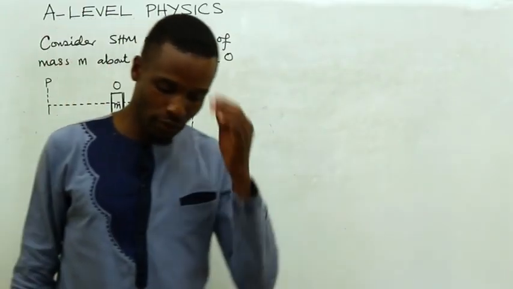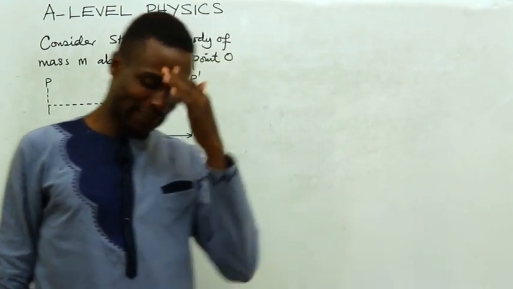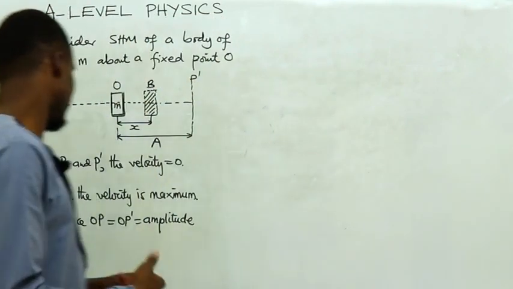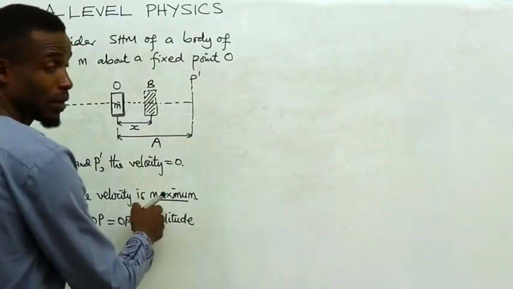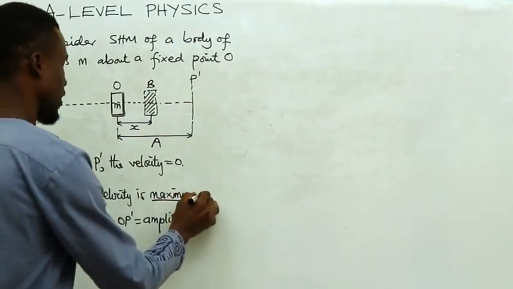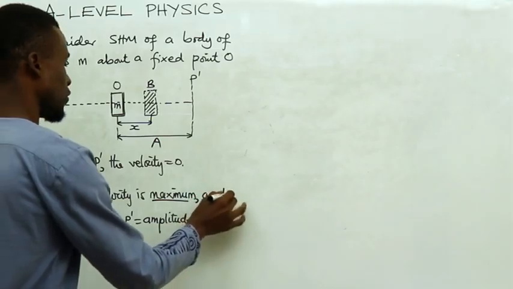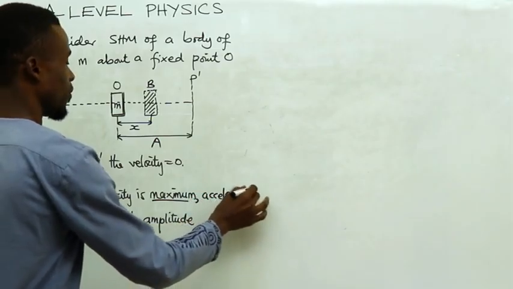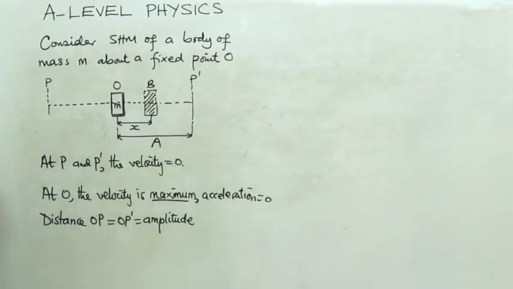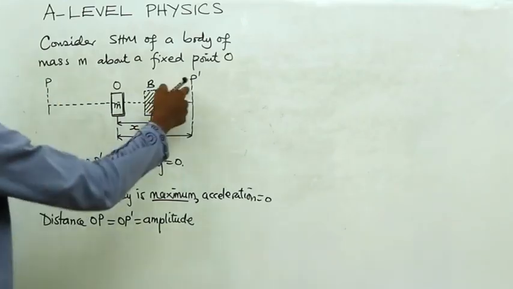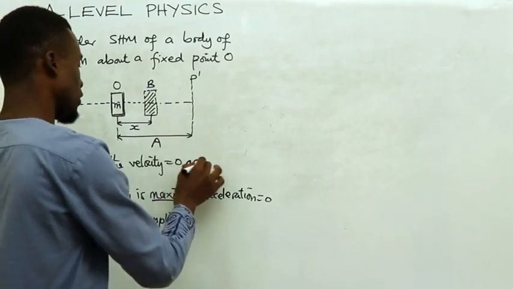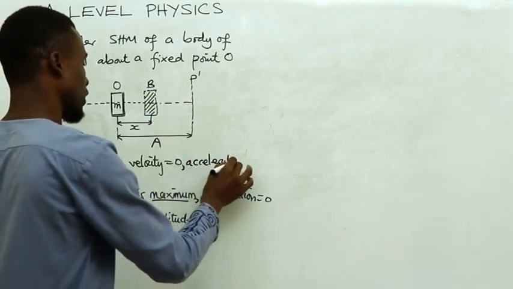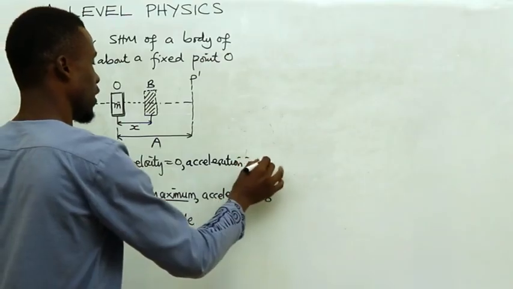And at the equilibrium position, the particle has no acceleration. Here, at O, the velocity is maximum, implying that the acceleration is 0. Meaning that acceleration is maximum at the points P and P prime, at those ends.